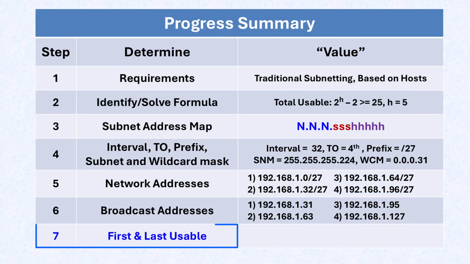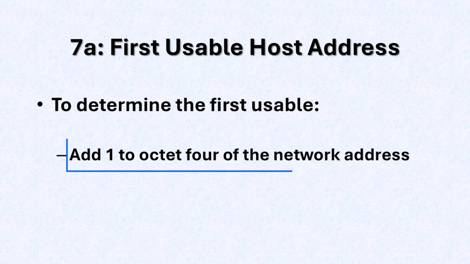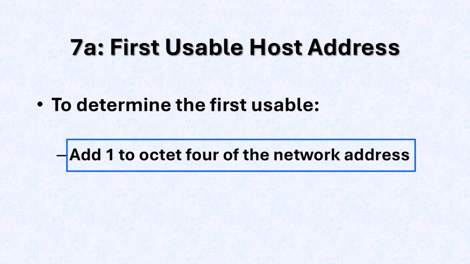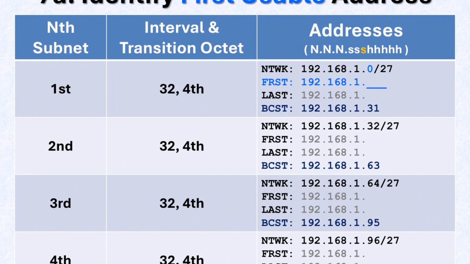In step 7, we determine the first and last usable host address of every subnet. To determine the first usable, simply add 1 to the 4th octet of the network address. For subnet 1, adding 1 to 0 gives .1 in octet 4. For subnet 2, add 1 to 32 to get .33 in the 4th octet.